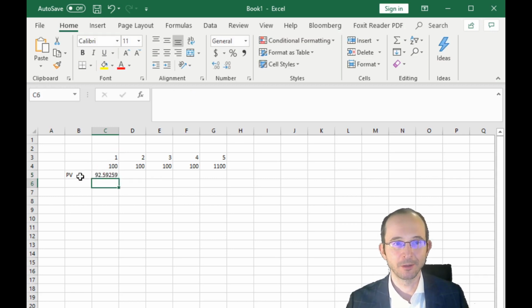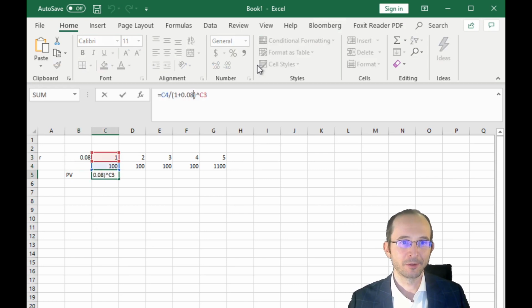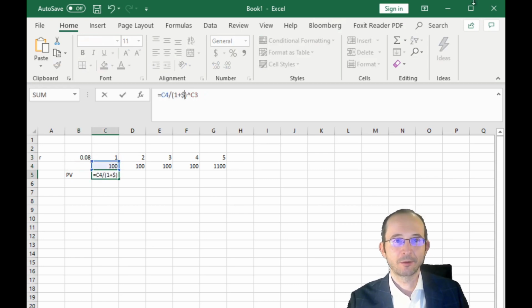In fact, let's make it even a little bit easier still, and let's create a cell reference to the discount rate and refer to that. If you want a static reference in Excel, you can use $ signs, so B3 will be our static reference to this 8% discount rate.